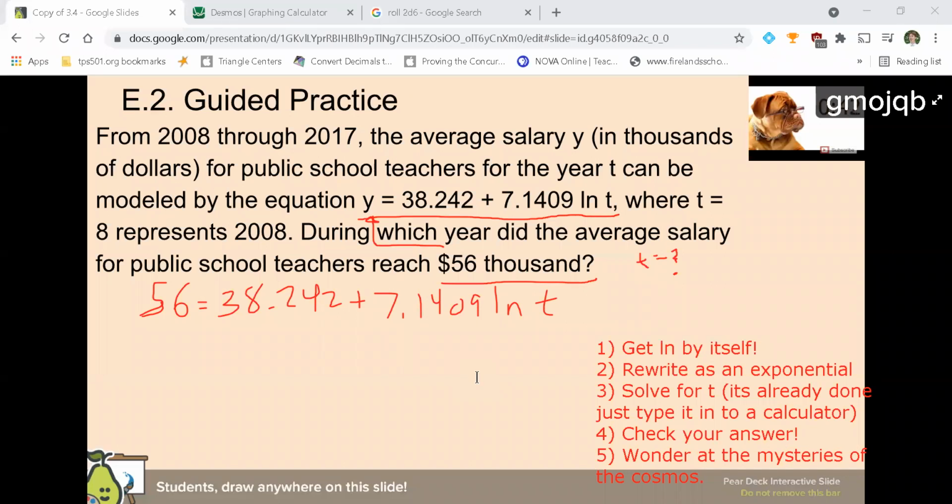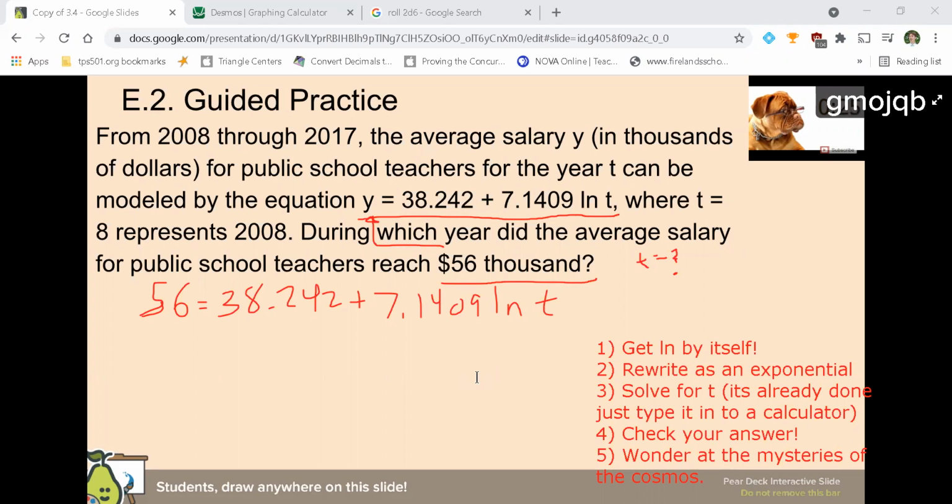Give it the 7.14. Right? And then rewrite it as a log or as an exponent.